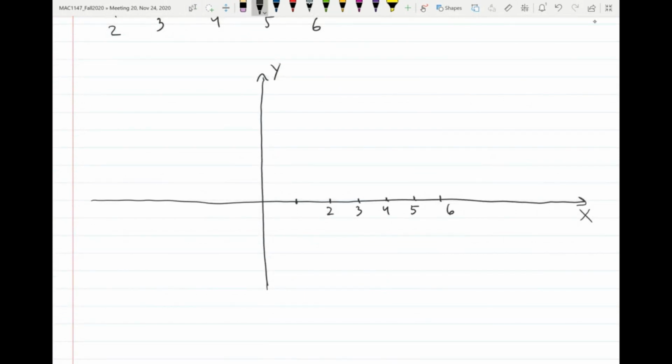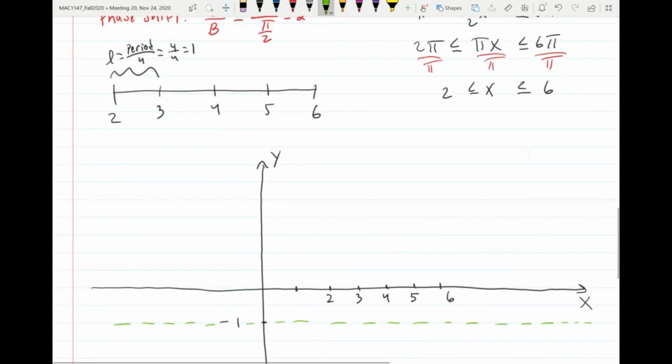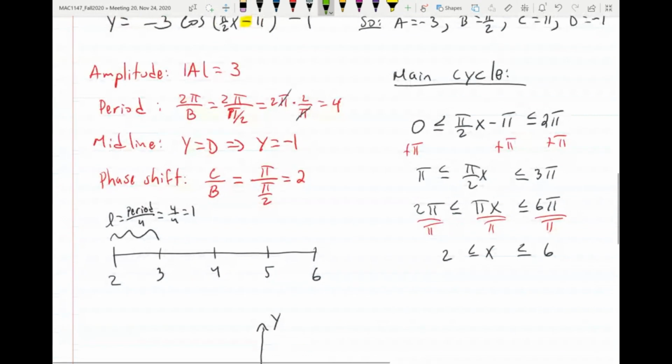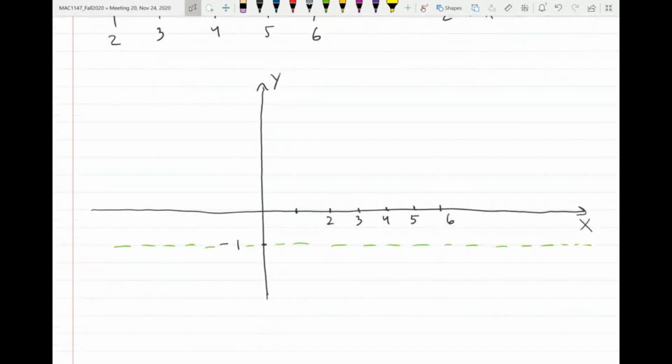Okay, even if it's not like that, let's just put it there. And I'm going to put the midline right here. This is the midline, and then remember to decide, you look at the amplitude to decide what's the highest point and the lowest point on the graph, starting from the midline. So what's the amplitude? The amplitude was 3, so that means we need to go 3 units above the midline and 3 units below the midline, okay?